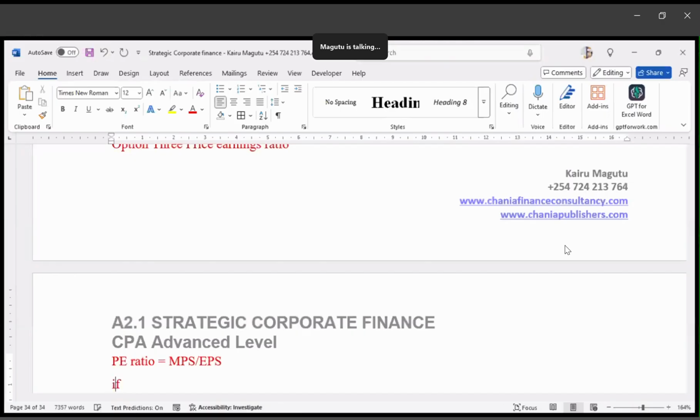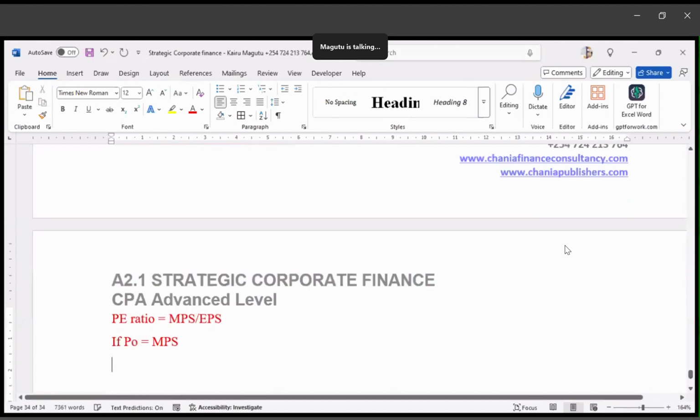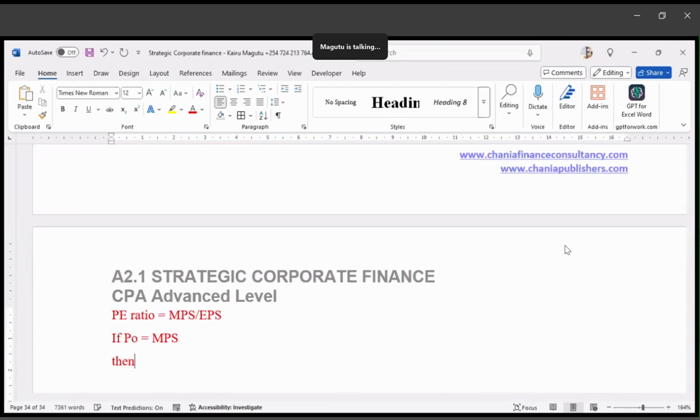Now, if P naught is equal to MPS, then P naught is equal to price earnings ratio multiplied by the EPS.